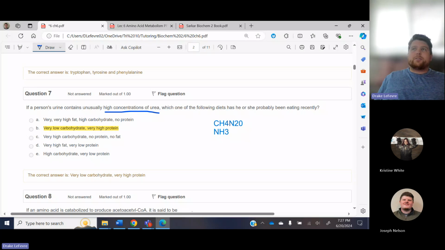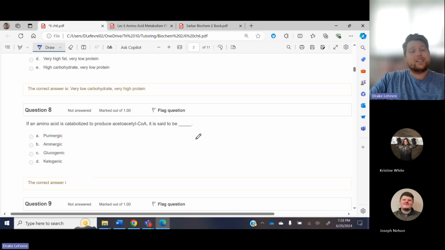Do that way too much, and all of a sudden a bunch of your proteins are free floating everywhere, or your body's trying to recycle them, and it can absolutely obliterate your kidneys from way too much protein. You'll talk about this more in the future, but urea, nitrogen, protein, all that kind of stuff. High protein diets are really, really bad for the kidneys. So somebody who already has kidney issues should not eat high protein.